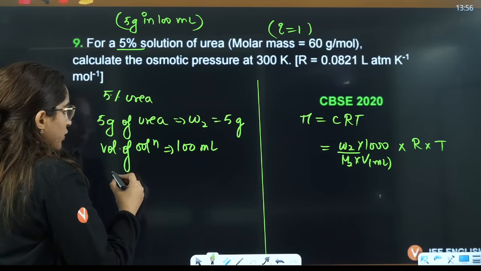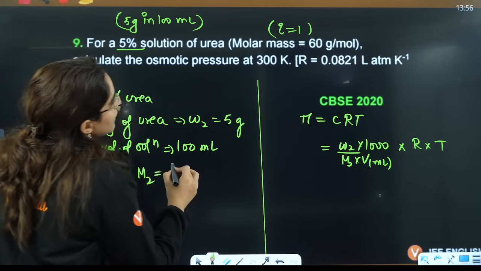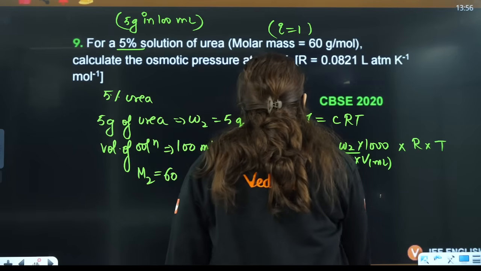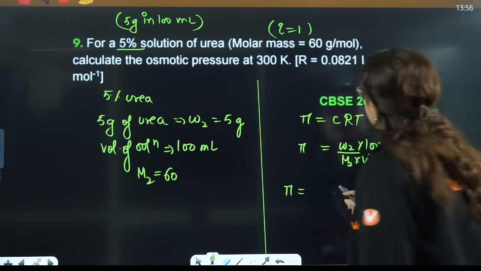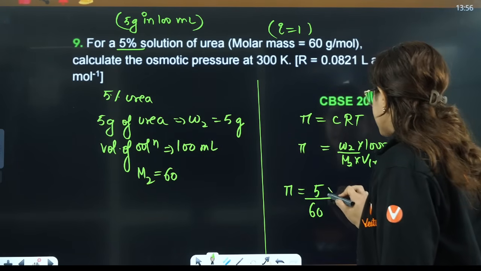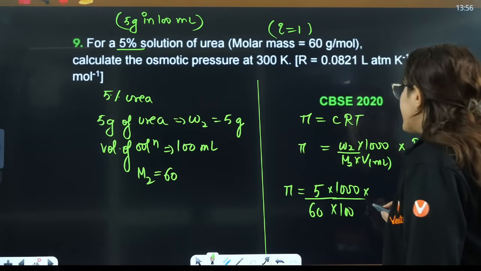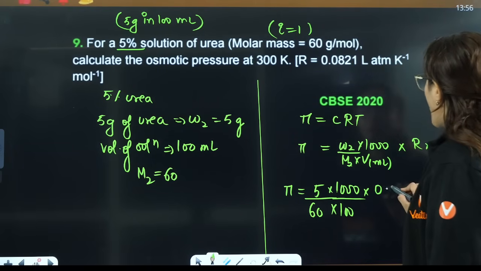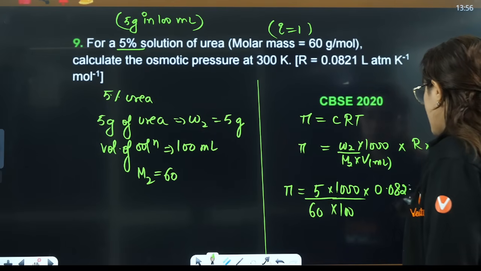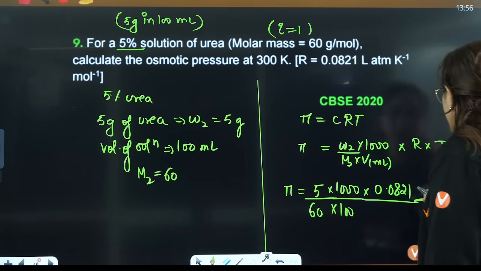So now you can just calculate. M2 is given to you, that is 60. So you just put all the values here. Pi is equal to W2, that is 5, M2 is 60, this is 1000, this is 100, and R is nothing but 0.0821, right? That is given, and you should also know what R to take.